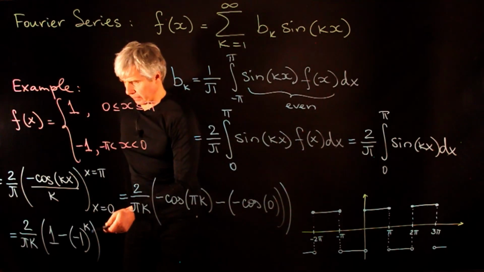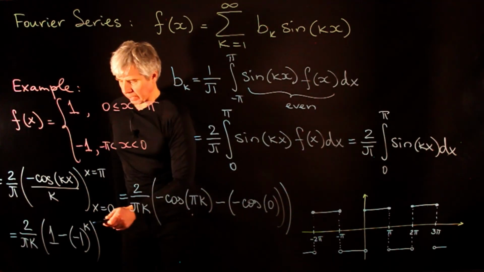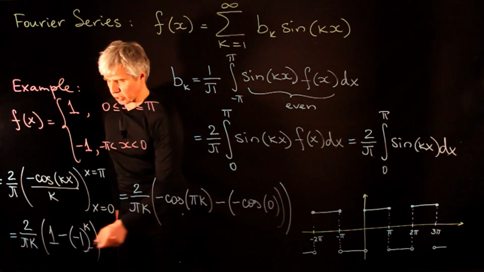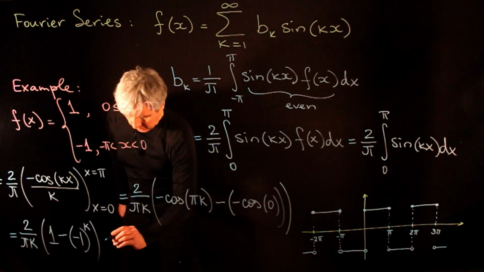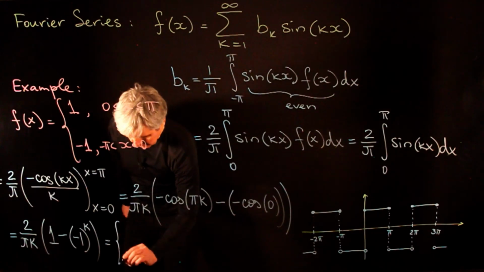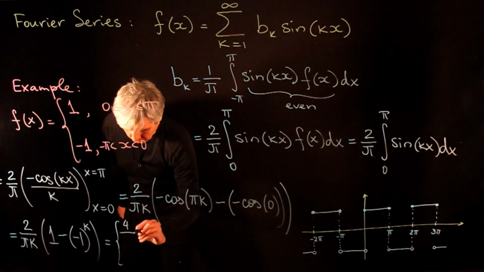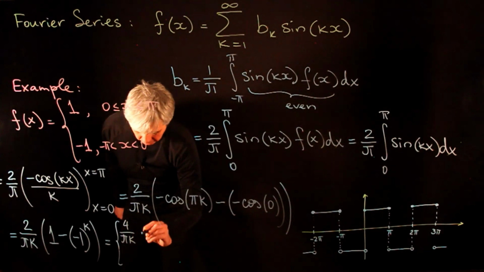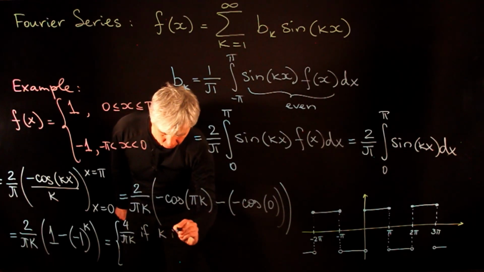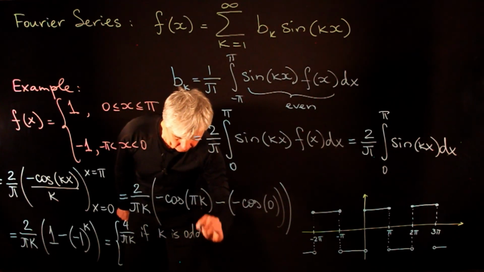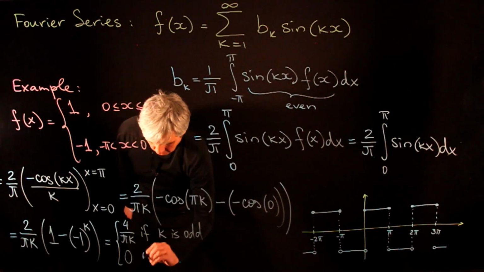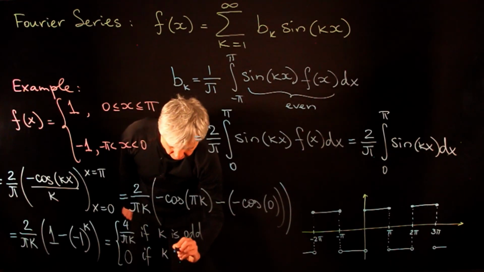When k is even, this becomes 0, and when k is odd, the expression in parentheses becomes 2. So what we get is 4 over pi k if k is odd, and it becomes 0 if k is even.